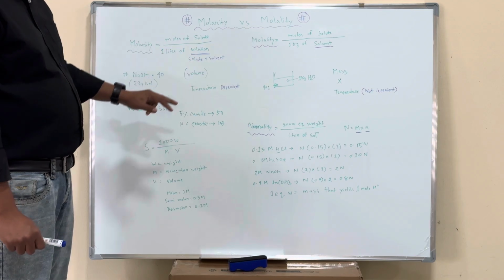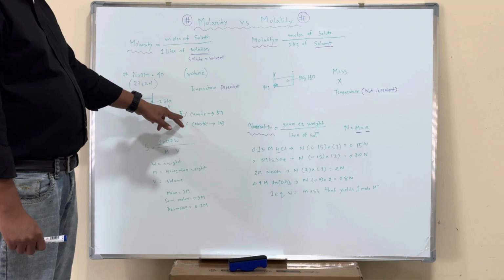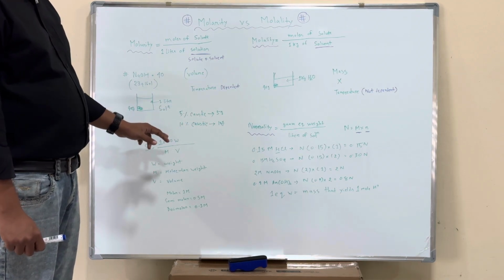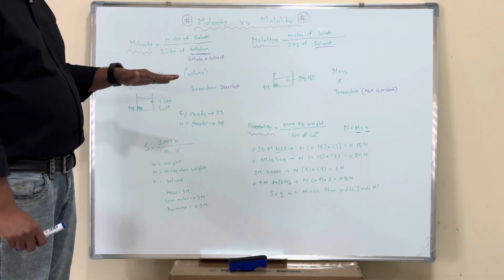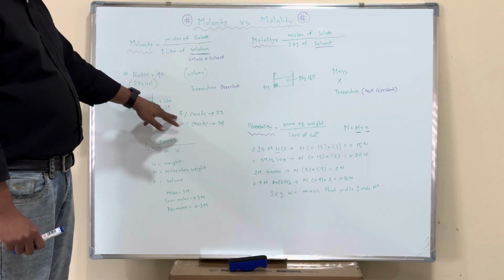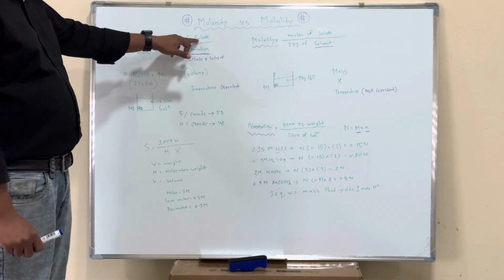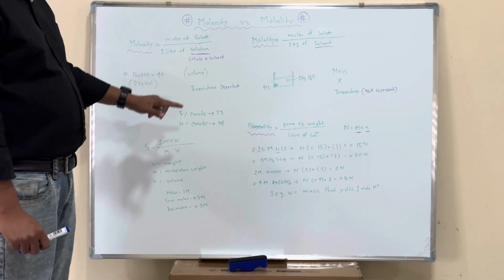Because sometimes we get confused, 5 gram caustic, 95 gram water. It's not like that. 100% means total 100. In the 100 you will take 5 gram caustic. That means solute is 5 gram, total solution is 100.